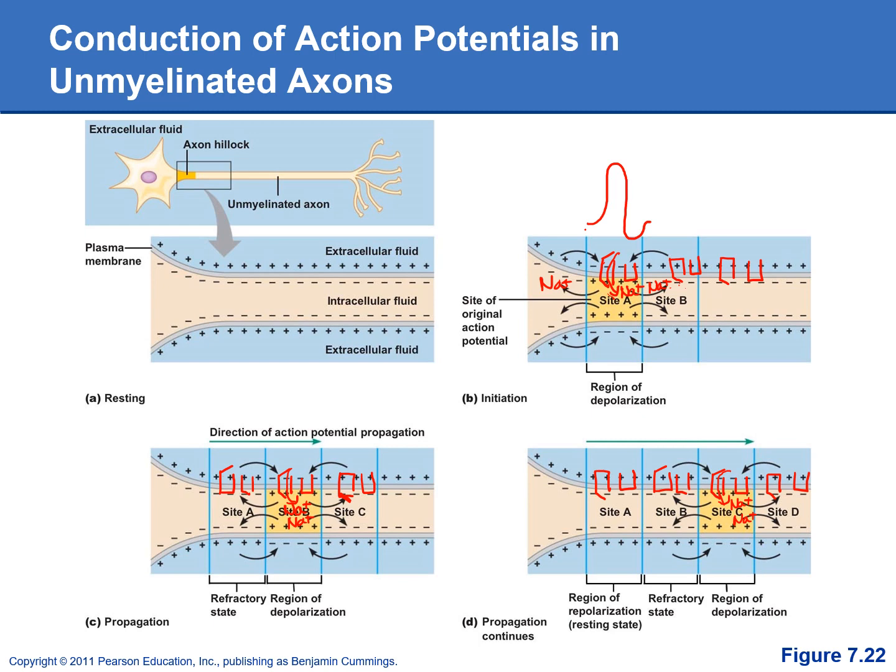Sodium ions will rush in as those voltage-gated sodium channels open, and we'll create an action potential right next door. And then those sodium ions will flow back as well, but we're not going to create an action potential where we just had one because we're in the absolute refractory period back here.